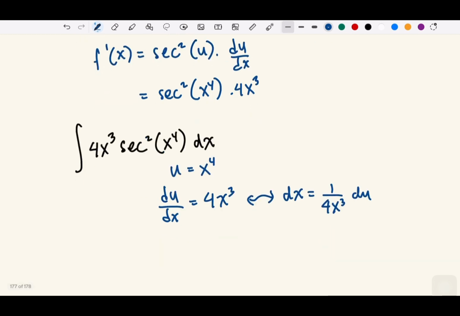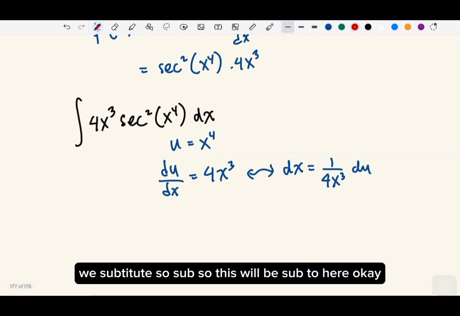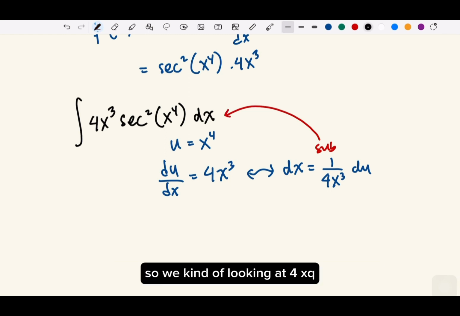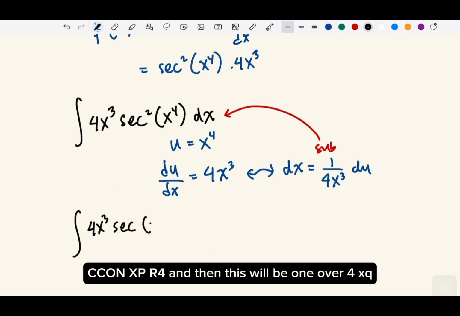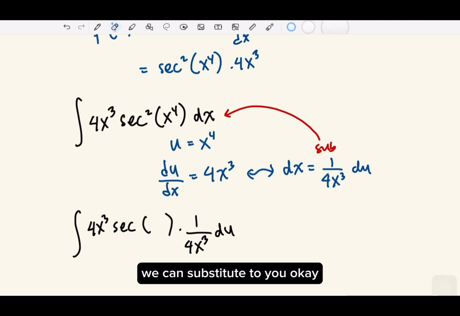So we substitute, so this will be substituted to here. Okay. So we are looking at 4x cubed secant squared x to the power 4, and then this will be 1 over 4x cubed and then du. And this x to the power of 4 we can substitute with u, because we let u be x to the power of 4.